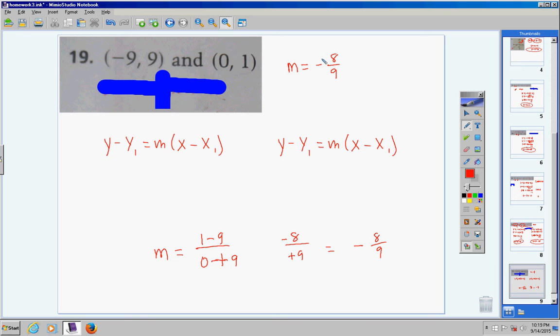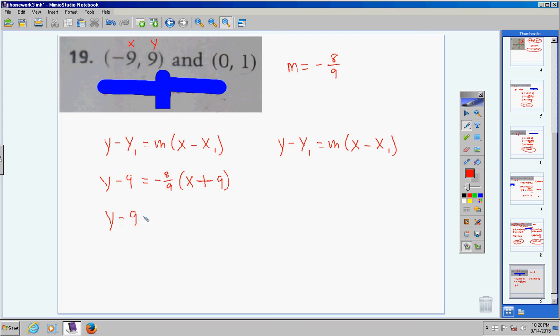Alright. Now, let's get started. Here we go. I'm going to use this point first. X, y. So y minus 9, my y value, equals m, negative 8 ninths, times x minus my x value, which is negative 9. Okay, negative is positive. Now take your 8 ninths and multiply it through.